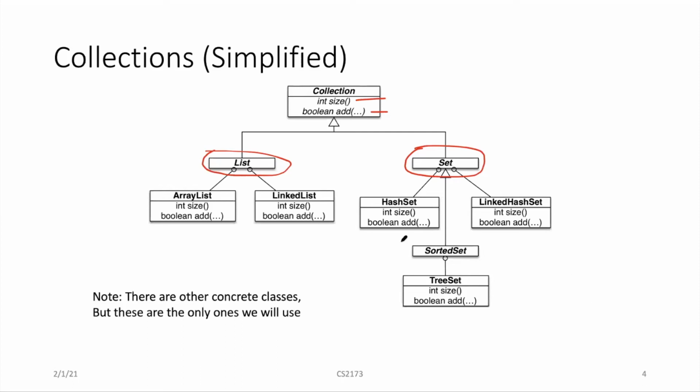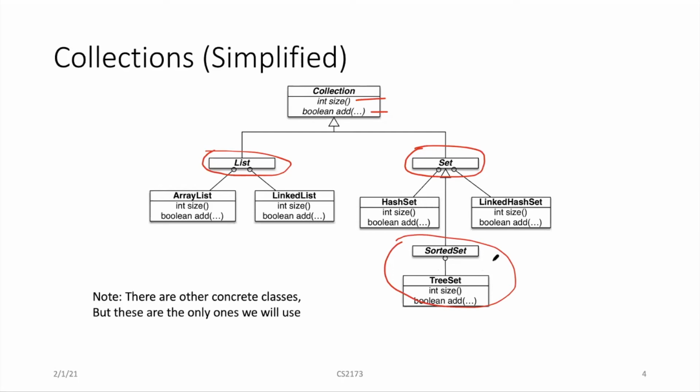And one of the most useful sets is a sorted set. Notice that here's another sub-interface called sorted set, and Java just has one implementation of that called a tree set. It's an extremely efficient way of keeping the contents of that set in sorted order.